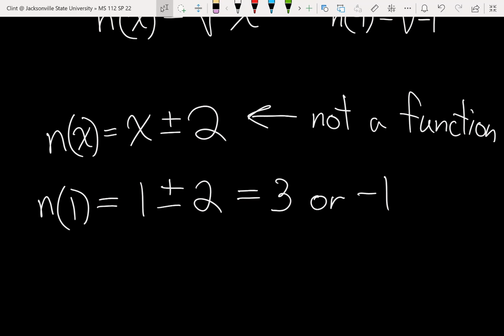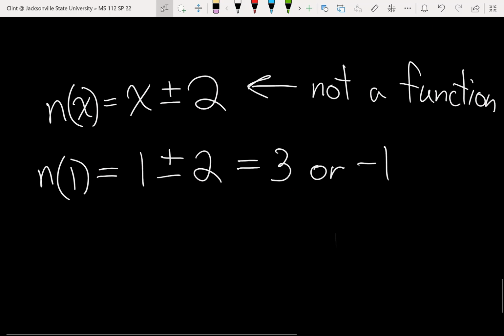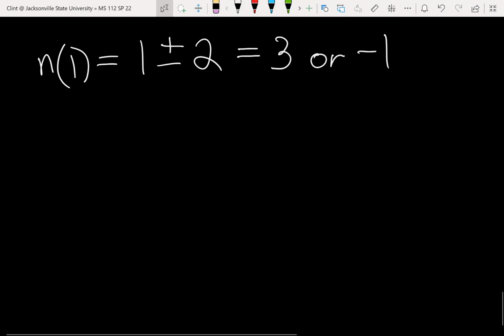And then the last little thing in this section we need to look at is something called piecewise defined functions.